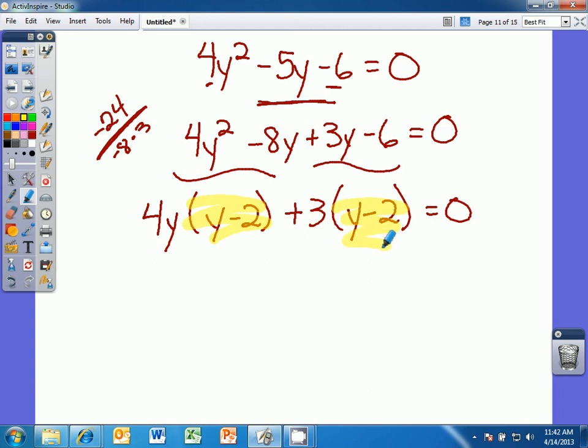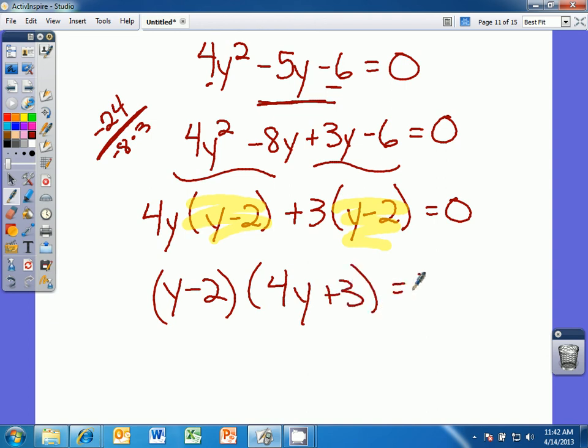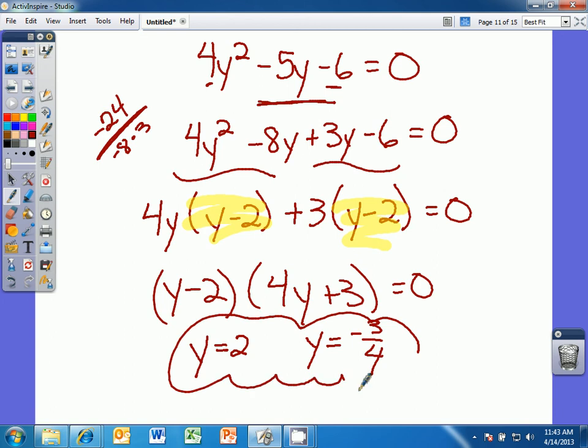So I'm going to factor that out, and that leaves me with a y minus 2 times a quantity 4y plus 3 equal to 0. So at this point, I know my solutions are y is equal to 2 and y is equal to negative 3/4.